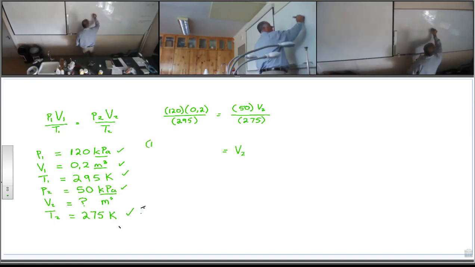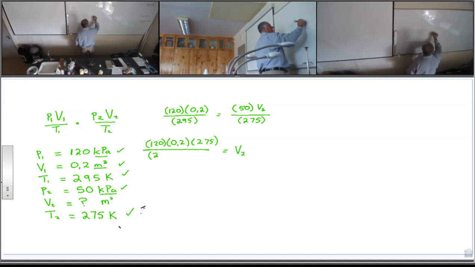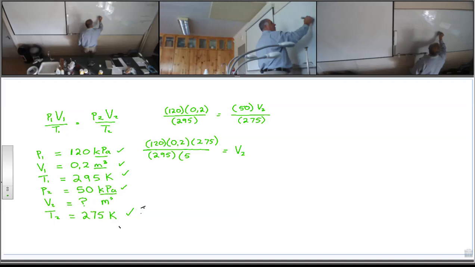equals 120, 0.2, 275. You all agree with that? Over 295, 50.